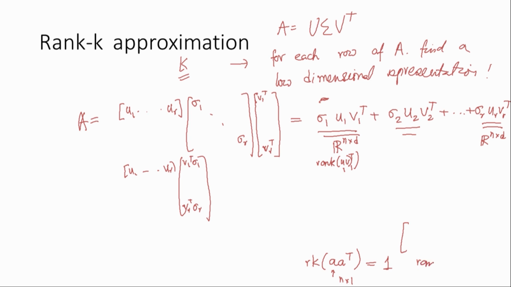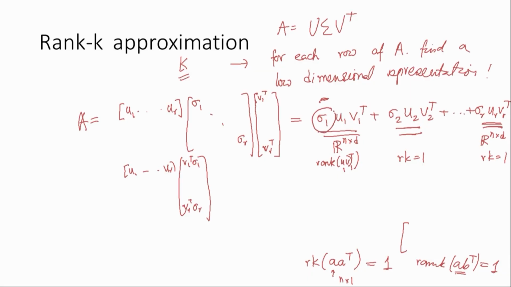In fact, the rank of A B transpose is 1 for any two vectors A and B, right? And it's not very hard to show. You take any two columns of this matrix, and then you can say that one of them is really a scaling of the other one, right? That's all that you have to show.